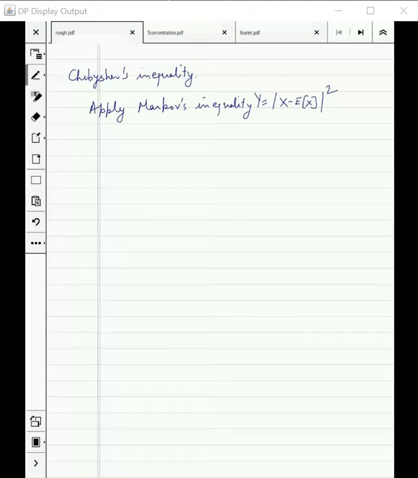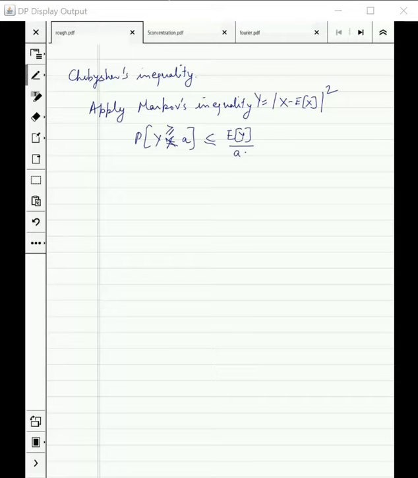So by Markov's inequality, the probability that Y is greater than a is bounded by the expected value of Y divided by a.